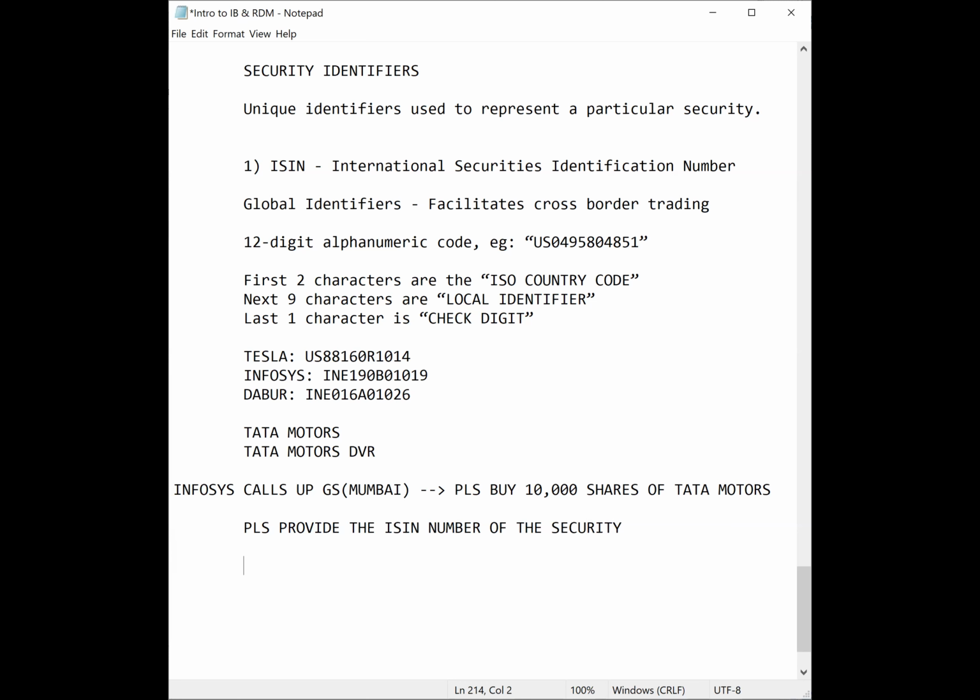Okay. Now, can you tell me what is the ISIN number of Tata Motors, please? And also, what is the ISIN number of Tata Motors DVR? Tell me whether it is same or different.